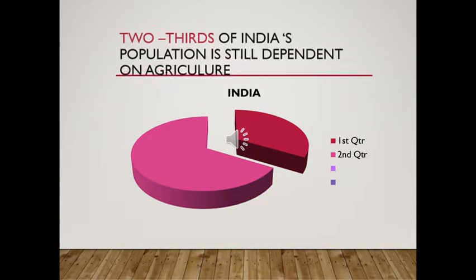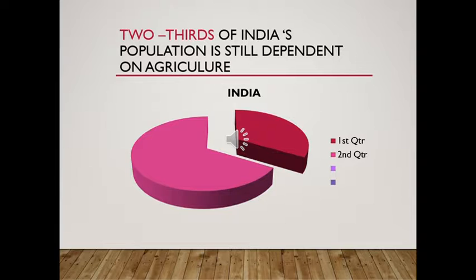Two-thirds of India's population is still dependent on agriculture. Agriculture has been the foundation of the Indian economy. 67% of the population is engaged in agriculture or agriculture activities. Besides providing food to the growing population, raw material from agriculture also supports many industries like cotton textile, food processing and handicraft.